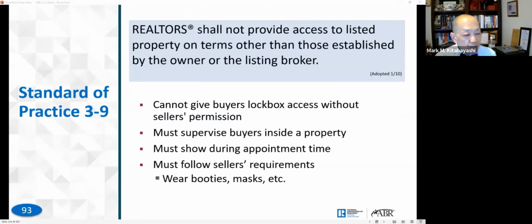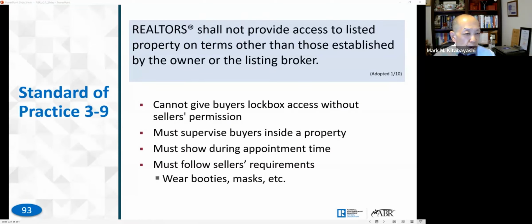Okay, everyone, let's get started. In the chat room, I posted the Pathway to Professionalism and also a copy of our Code of Ethics, so you can see all of these. Standard Practice 3-9 says REALTORS shall not provide access to listed property on terms other than those established by the owner or the listing broker.